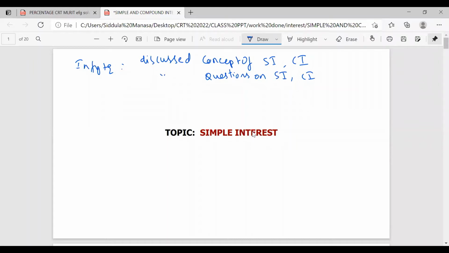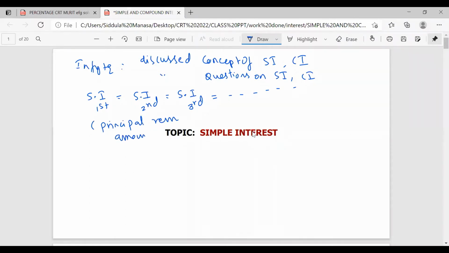Let's revise simple interest. In simple interest, we already discussed that the simple interest obtained for every year is the same. Simple interest for the first year, second year, third year, every year you are going to get the same. Why like this? Because the principal amount remains the same for every year.